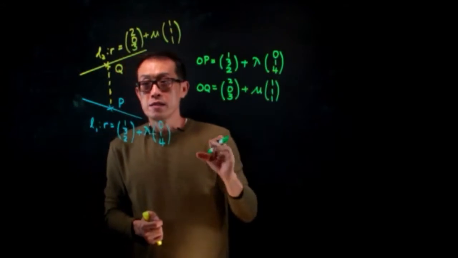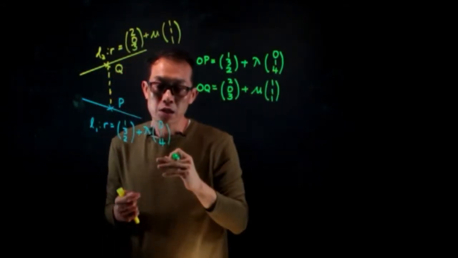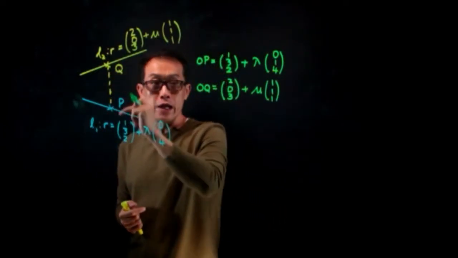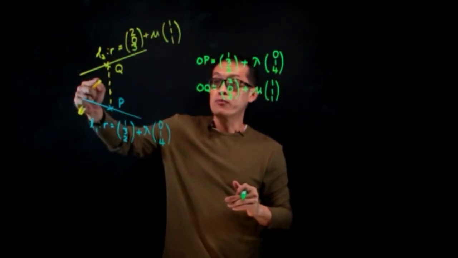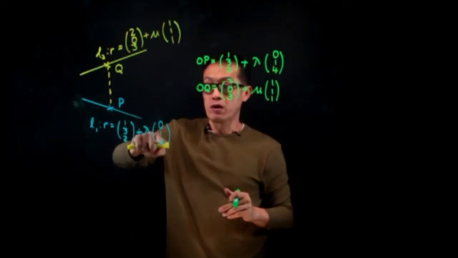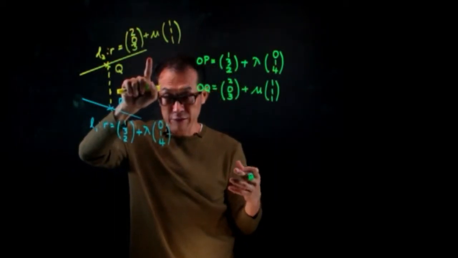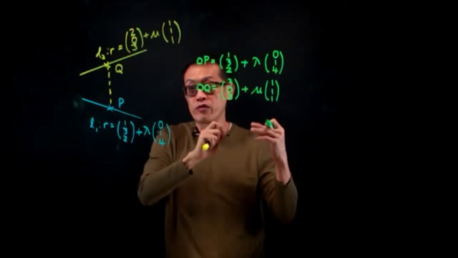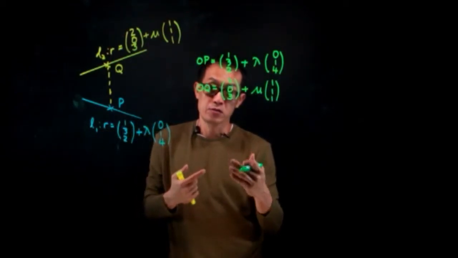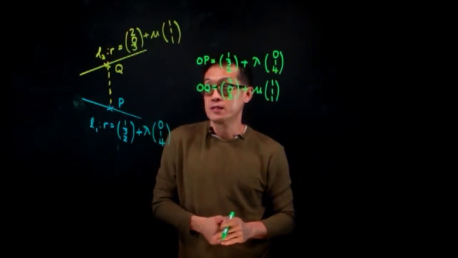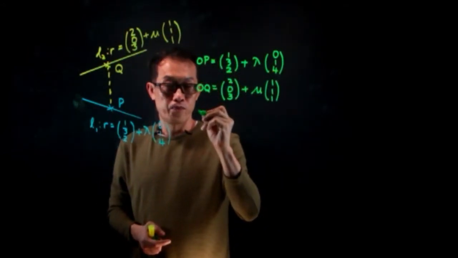Now, they said that PQ is perpendicular to L1 and L2. Then let's find PQ, and if they are perpendicular, then we dot the direction vector of L1 and the direction vector of L2. Both of them should be equal to 0. Then we can do something from there. Now let's find vector PQ.